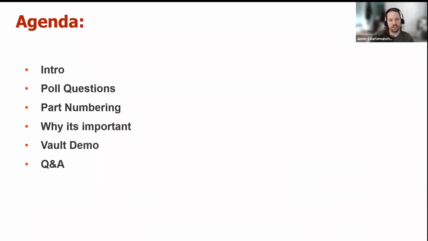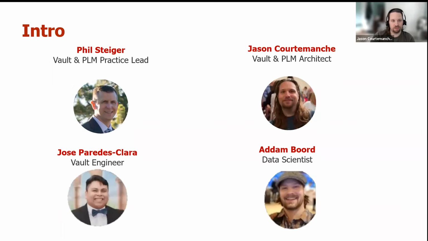Part numbering has a cascading effect on the business, on other business applications like PLM and ERP, and so we'll get into it. As an introduction, we have myself, Phil, and I as part of the data management team here at KETIV, and we'll get started.